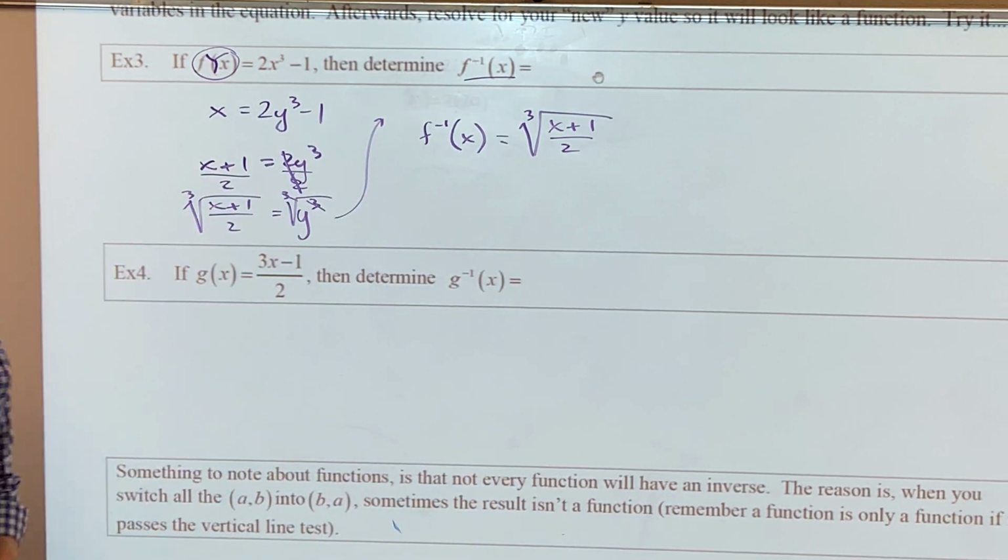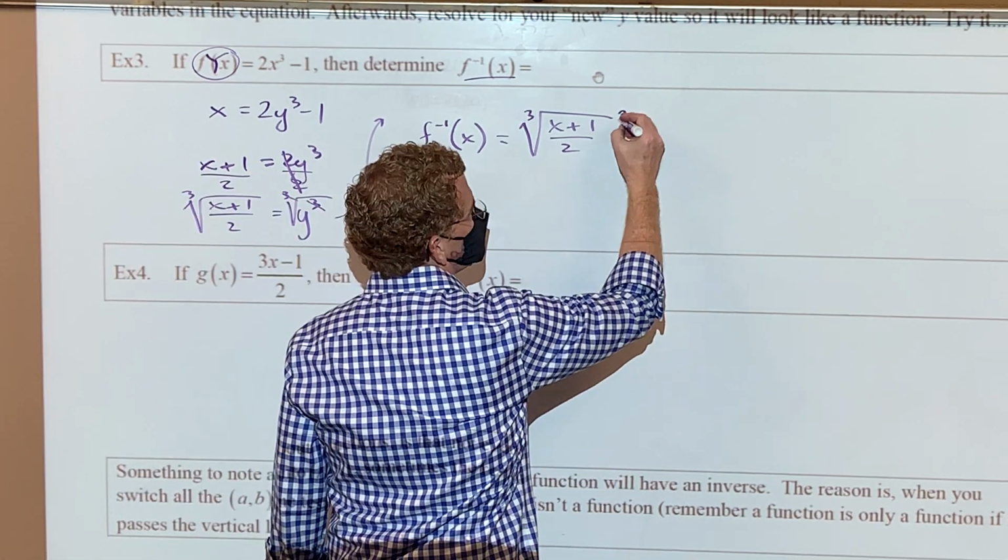Now, some of you are going to look at that and go, do I need to rationalize the 2? Technically, yes. I probably wouldn't count it wrong on this test if you had that, because we're doing a lot of this stuff for calculus, and in calculus we don't care about rationalizing. But if you were to rationalize it, it's better. What would you do? You would multiply. I'd rationalize, but I don't use just a root.